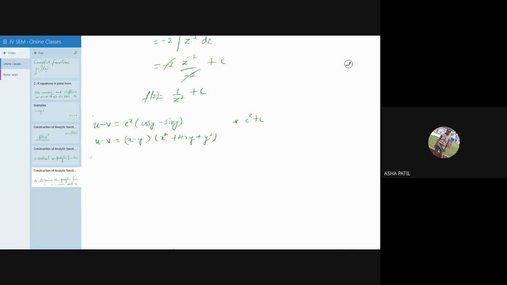Okay, then try only one example. Try this example.